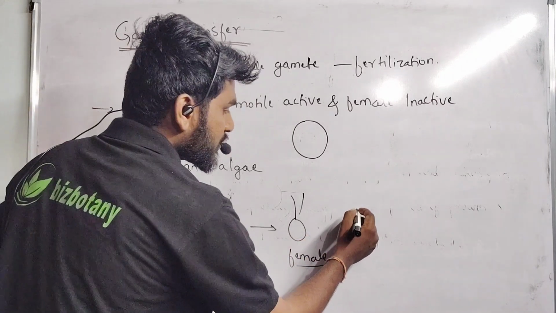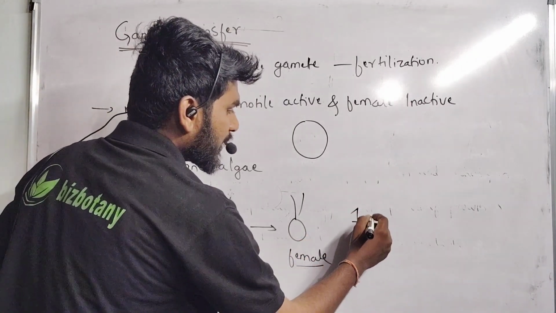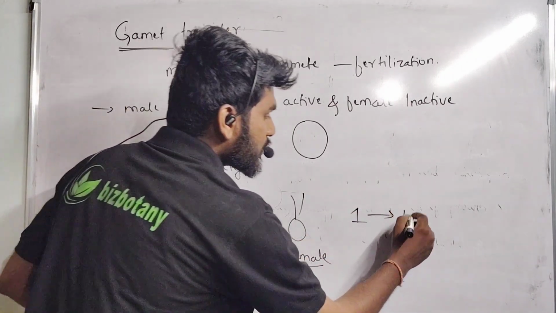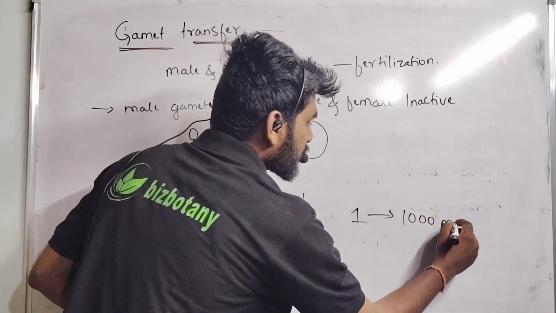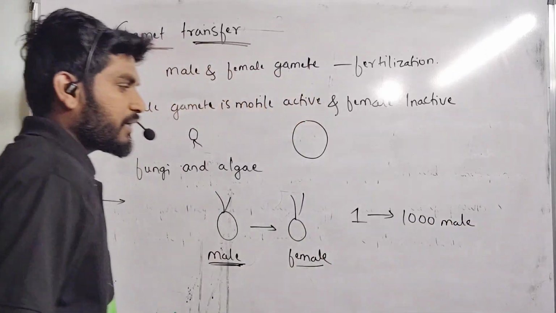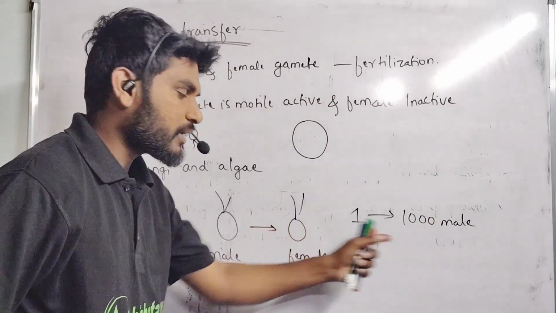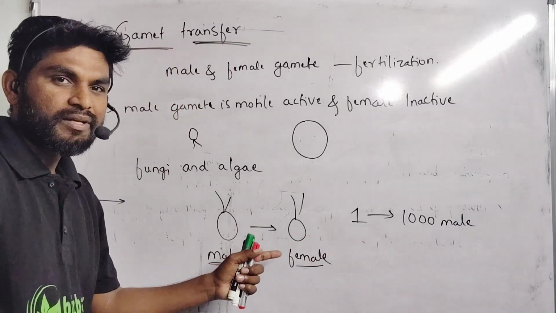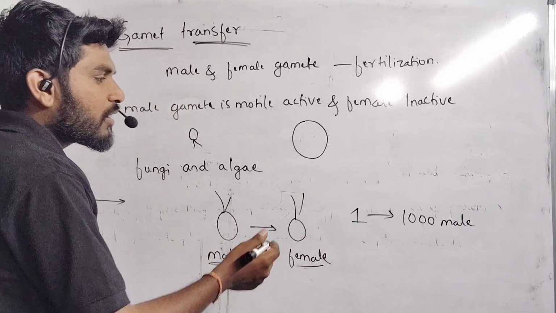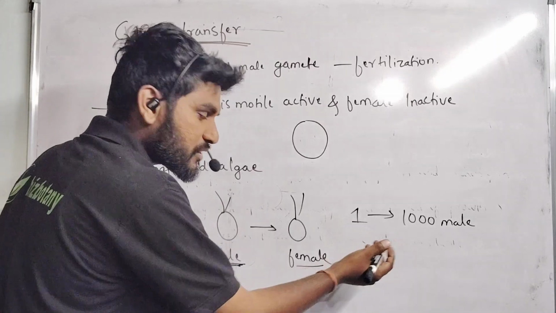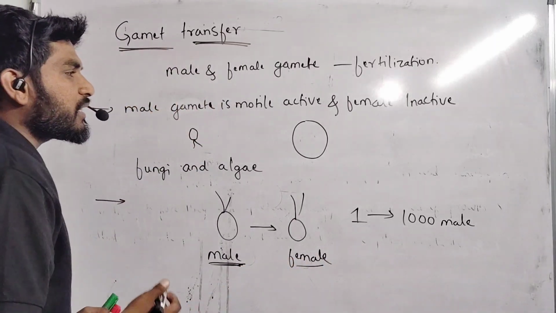If a single female gamete is produced, thousands of male gametes will be produced. Out of thousands of male gametes, only one reaches the female gamete for fertilization. All the other gametes will fail to reach the female gamete.